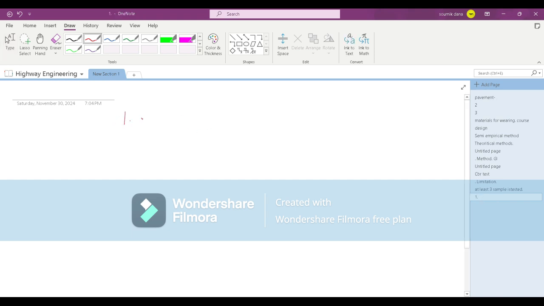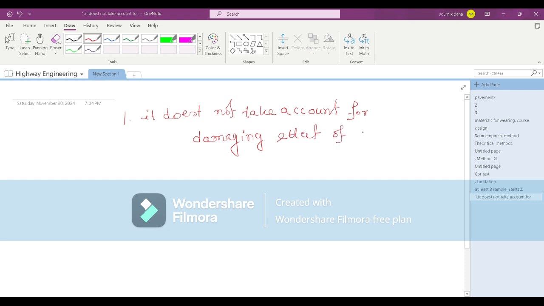Firstly, it does not take account of the damaging effect of wheel load.